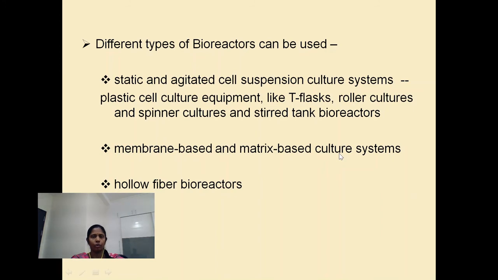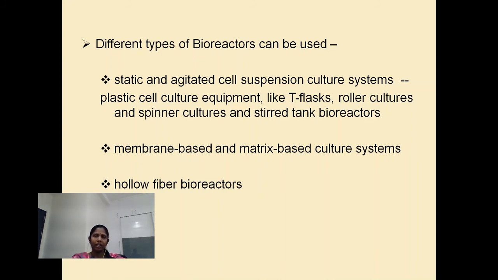This allows for easy separation of the cells from the media once the production of antibodies has been successfully achieved. Further advanced systems like hollow fiber bioreactors facilitate separation of the cells without any kind of damage to the cells and facilitate easy purification of the produced antibodies.